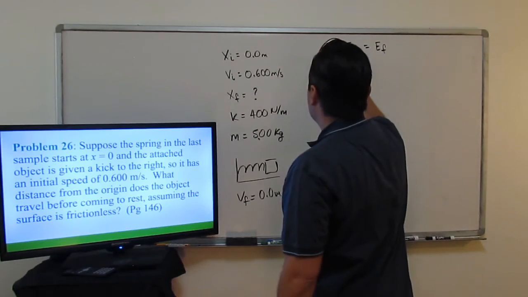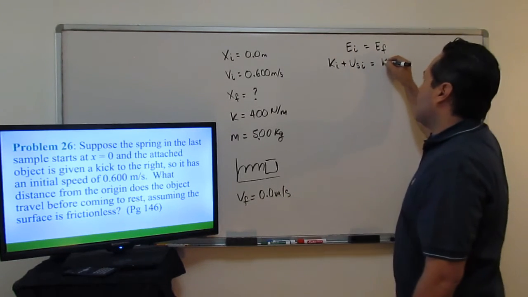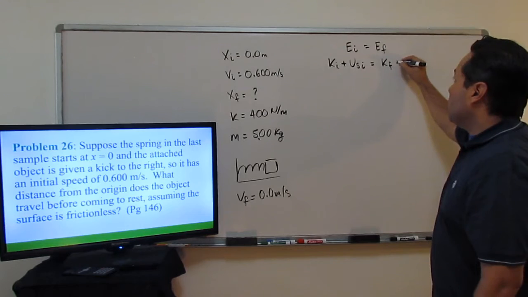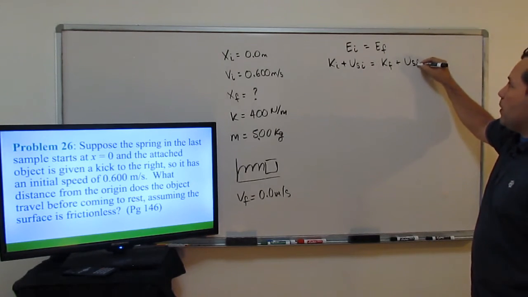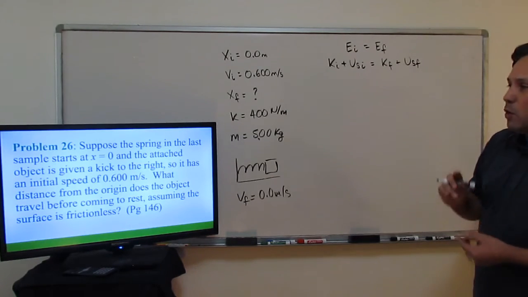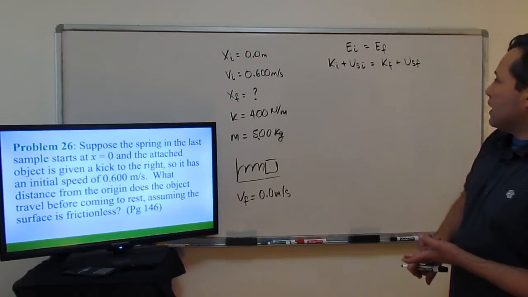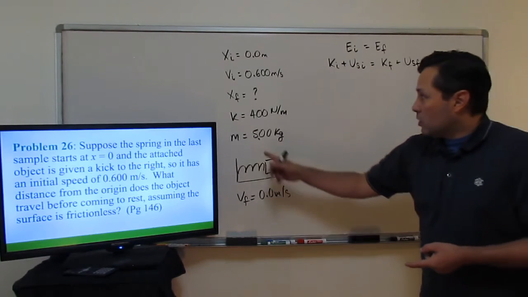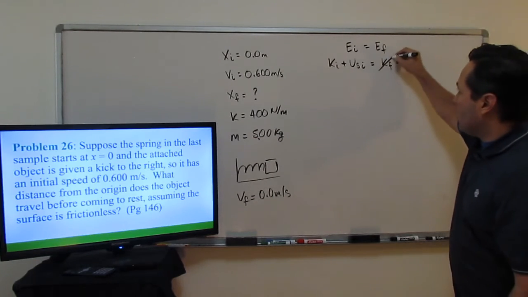So we're going to put kinetic initial plus potential energy of a spring initial equal to kinetic final plus potential energy of the spring final. Alright, so that is our setup. We can go ahead and get rid of some stuff. For example, since we know that at the end the velocity is going to be 0, it's got no kinetic energy at the end.